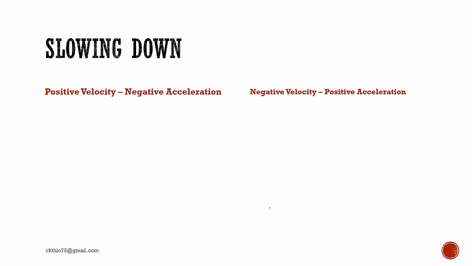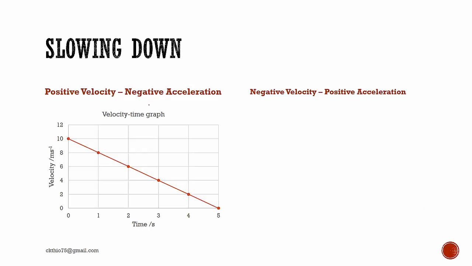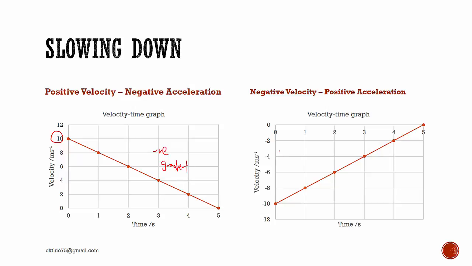If you have positive velocity and negative acceleration, or negative gradient, it becomes slower and slower: 10, 8, 6, 4, 2, 0. Likewise, if you start with negative velocity and you have a positive gradient, it also means that it slows down. So negative 10, negative 8, negative 6, negative 4, negative 2, 0. So this is slowing down.